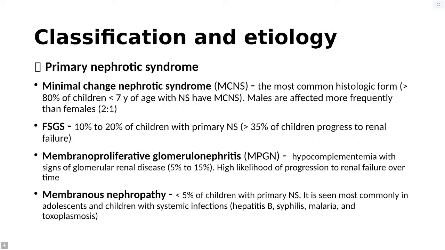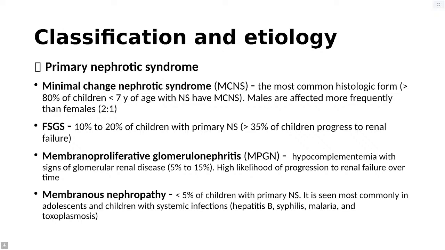The second form is FSGS. This is 10 to 20% of children with primary nephrotic syndrome, and from these children, greater than 30% progress to renal failure. The third group is membranoproliferative glomerulonephritis, MPGN. There is hypocomplementemia with signs of glomerular renal disease.